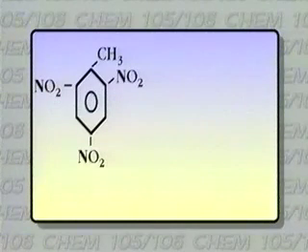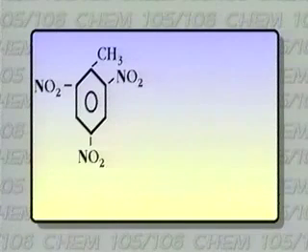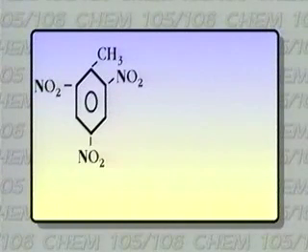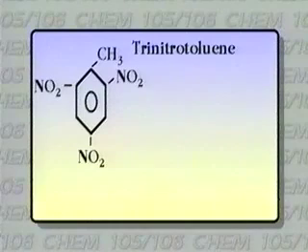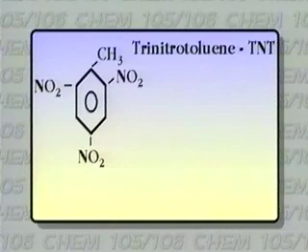So we're going to take off 3 more hydrogens here, and we're going to put on these 3 NO2 groups. And this compound is called, of course, 2,4,6-trinitrotoluene. Trinitrotoluene, abbreviated TNT.